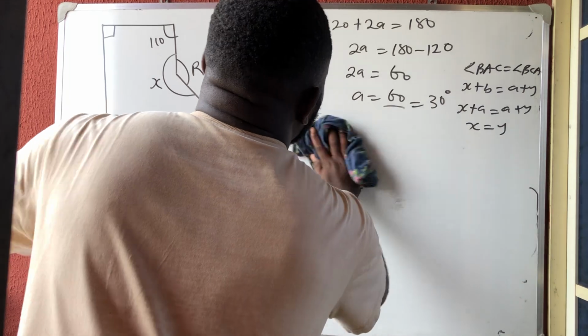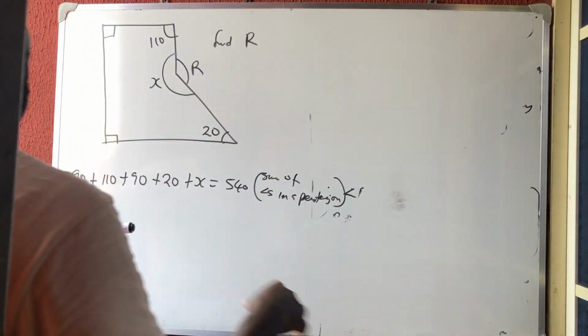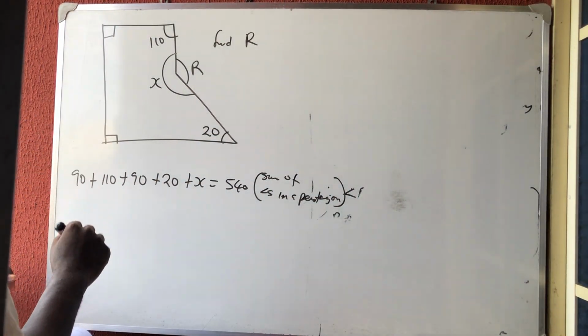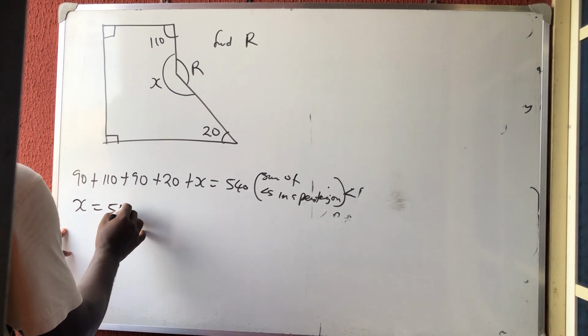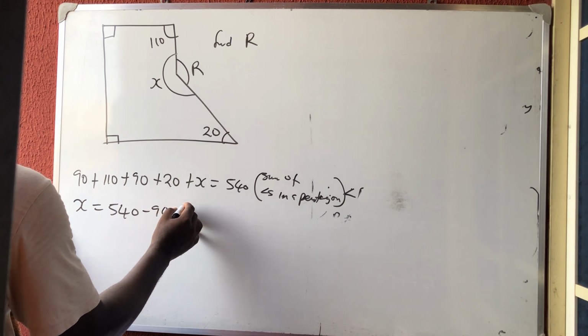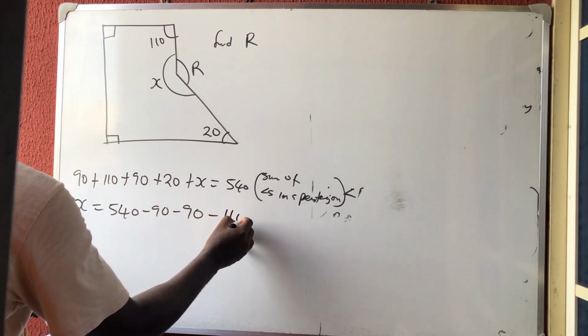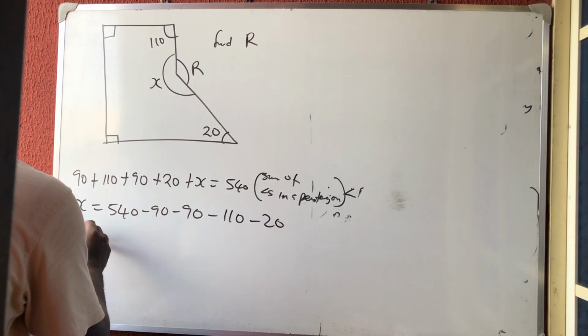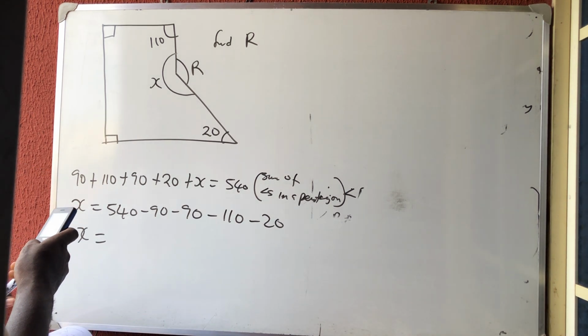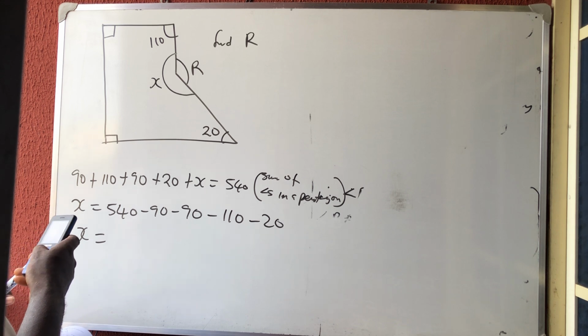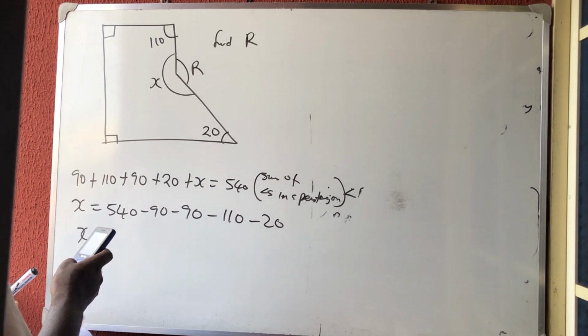So what do we do now? My x is equal to 540 minus 90 minus another 90 minus 110 minus 20. So therefore x is equal to 540 minus 180 minus 130.